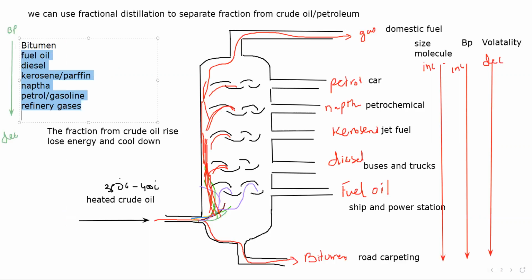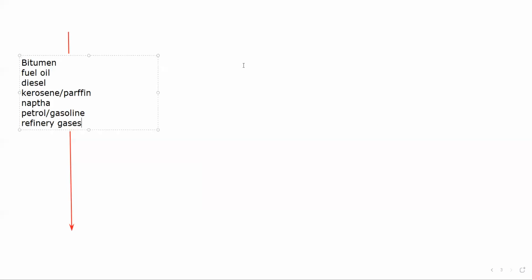As we go down, it means moving down from bitumen to the other fractions, viscosity means the property of a fluid to resist the flow.